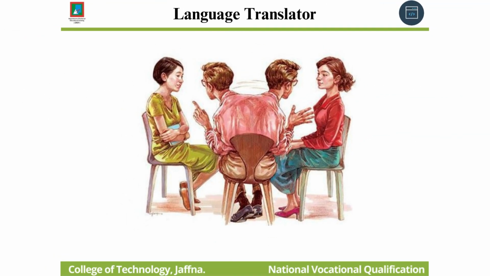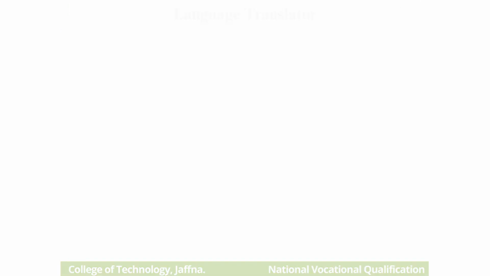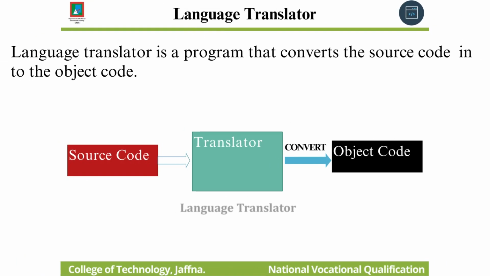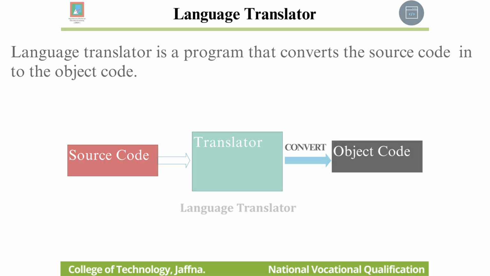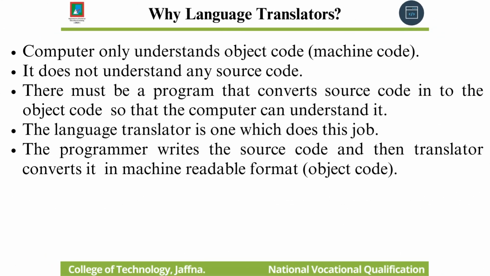Language translator. A language translator is a program that converts the source code into the object code. Source code, translator, convert, object code. Why language translators? Computer only understands object code, machine code. It does not understand any source code.